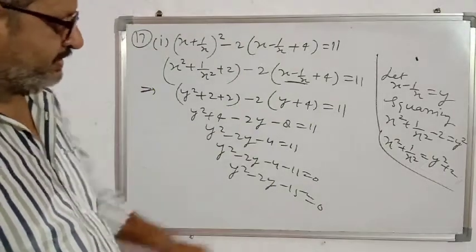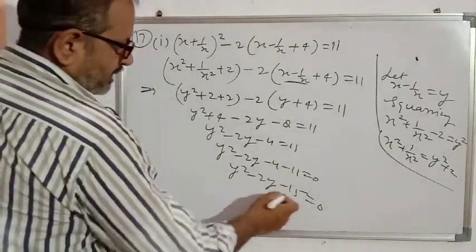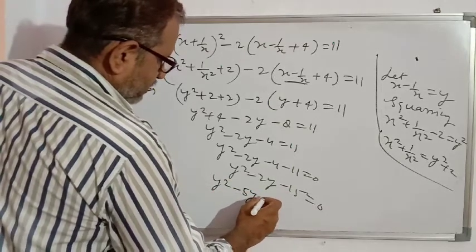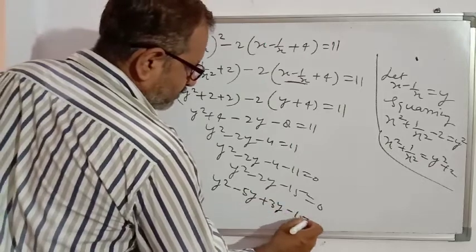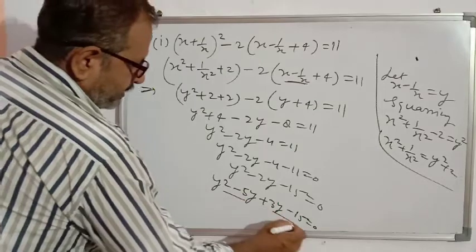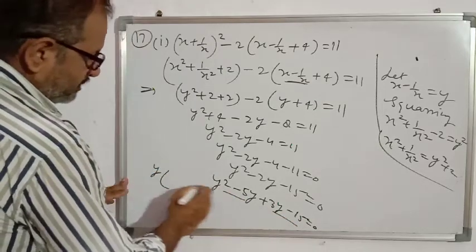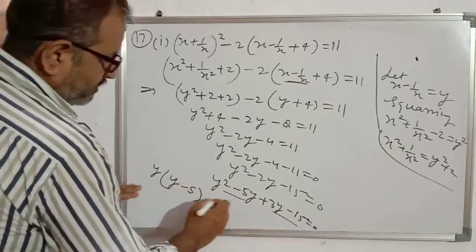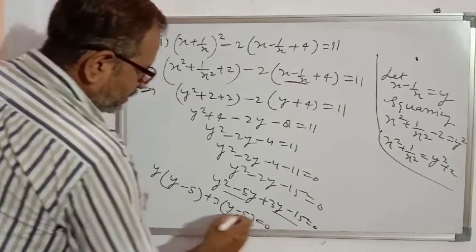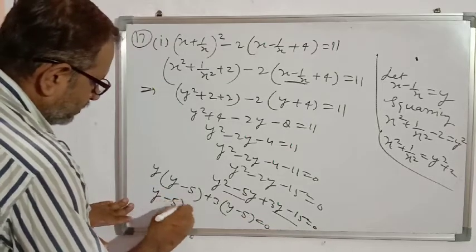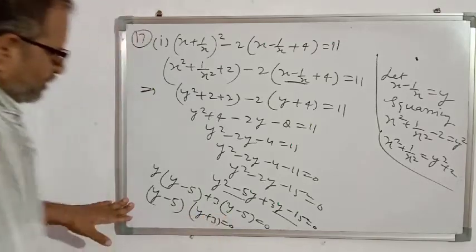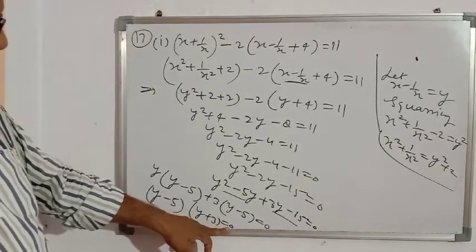Now we will factorize it. 5 times 3 is 15. y square minus 5y plus 3y minus 15 is equal to 0. Make pairs: y common, (y minus 5) plus 3 common, (y minus 5) common in both. So (y minus 5)(y plus 3) is equal to 0.